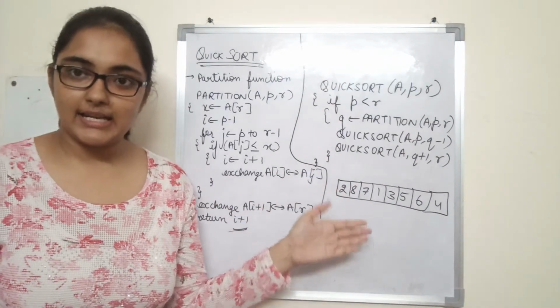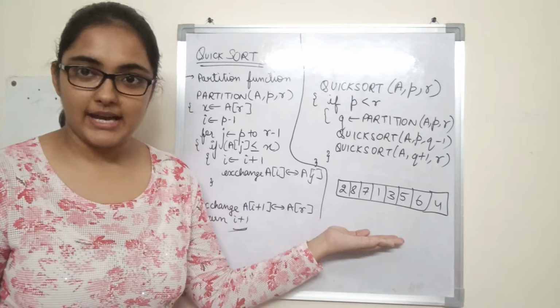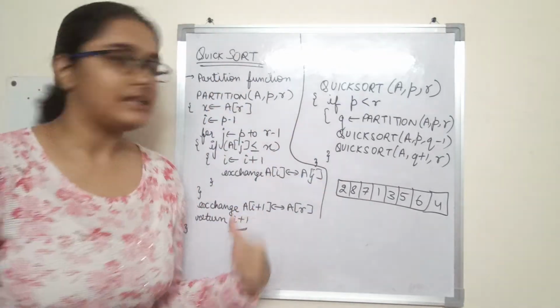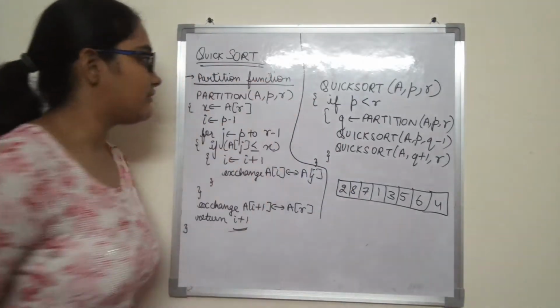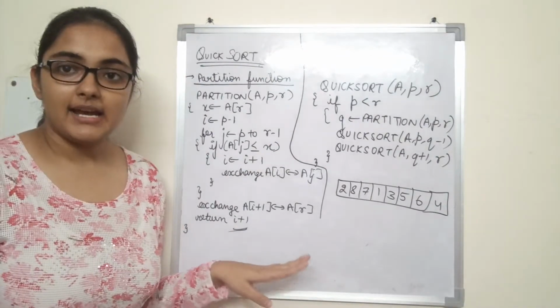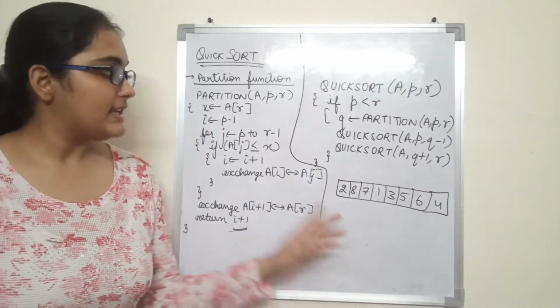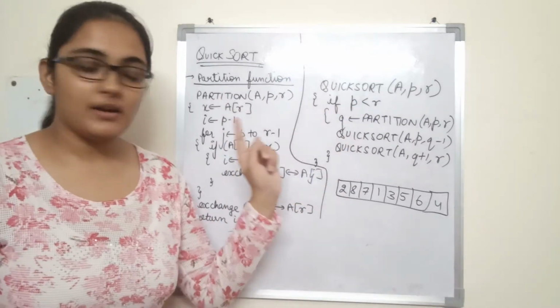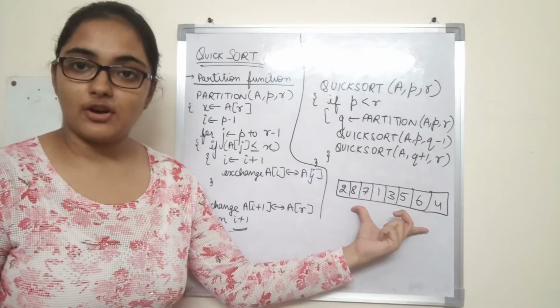Now let us see in detail how quicksort works on this particular array, also using the partition function, right? So this is the partition function we discussed in the previous video, for reference, and now we will see how quicksort and partition are both used to sort this array, right?